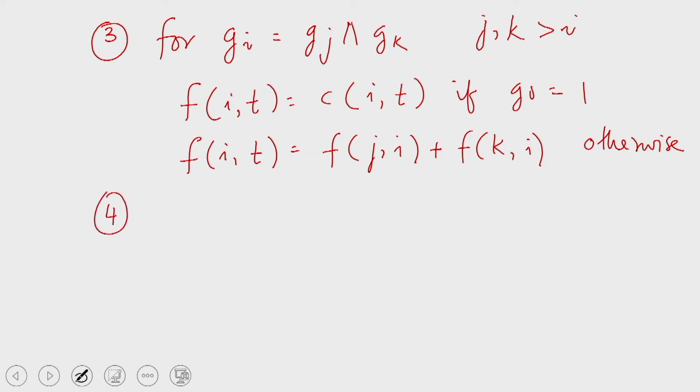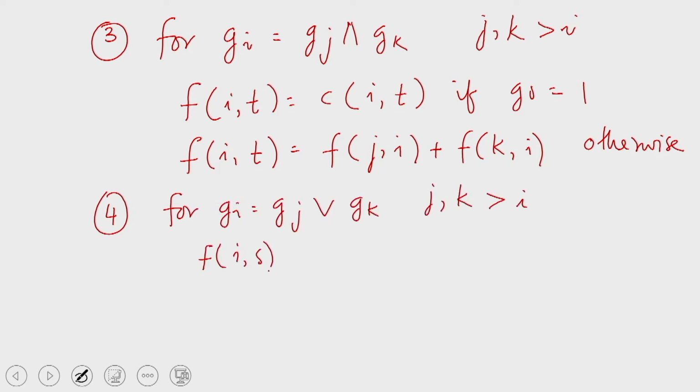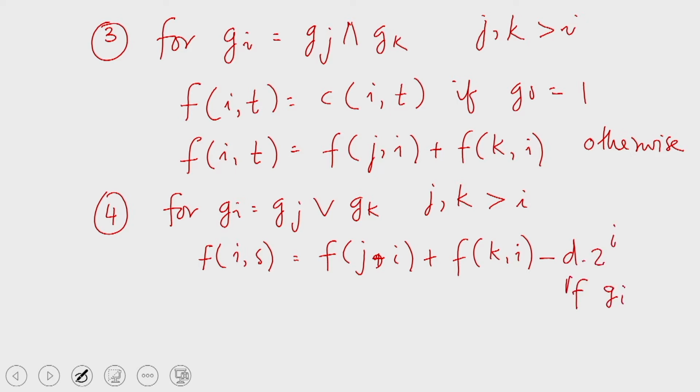Similarly, let us consider the OR gates. We define f of is, the flow back into S, as f of ji plus f of ki minus d into 2 power I if gi equal to 1, equal to 0 otherwise, where d, as before, is the fan out of the node.